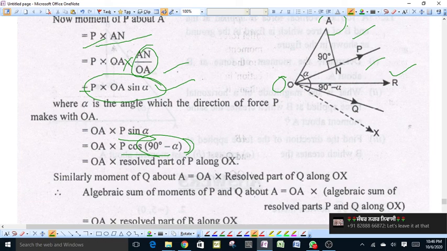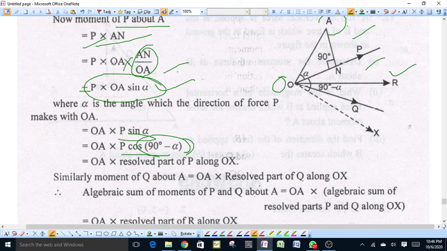This means the moment of force P about A will be equal to OA into the resolved part of P along OX, because P makes an angle alpha with OA, and P makes an angle 90 minus alpha with OX. Therefore, the resolved part of P along OX will be equal to P cos(90 minus alpha).